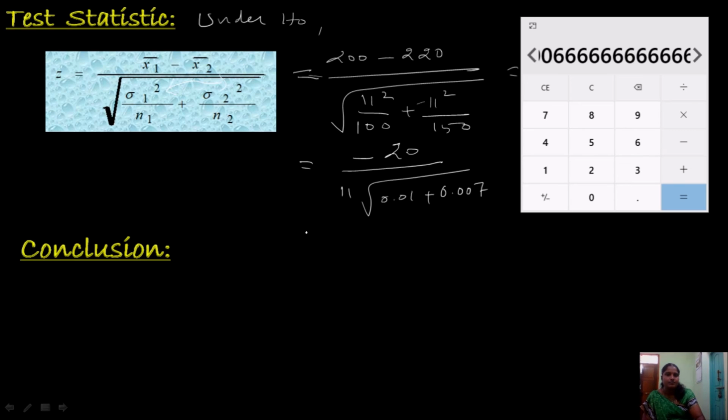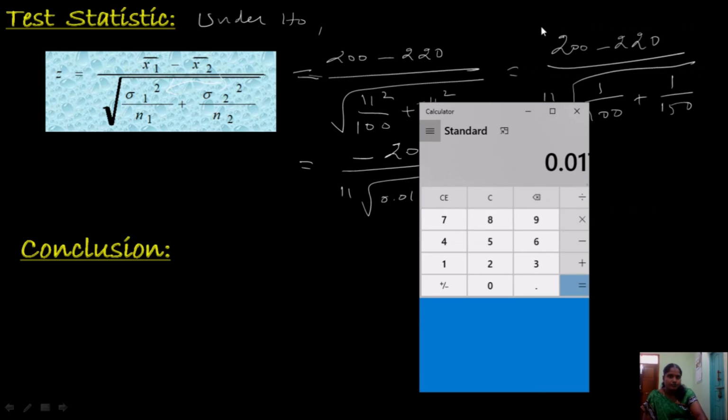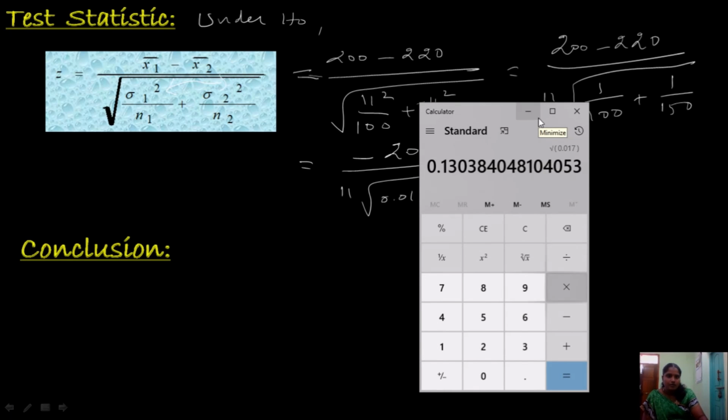Adding 0.01 plus 0.007, you get 0.017, and by taking the square root of that value, you get 0.1303, etc., and we multiply this with 11, you get the value as 1.4342, etc., and you divide 20 by this.